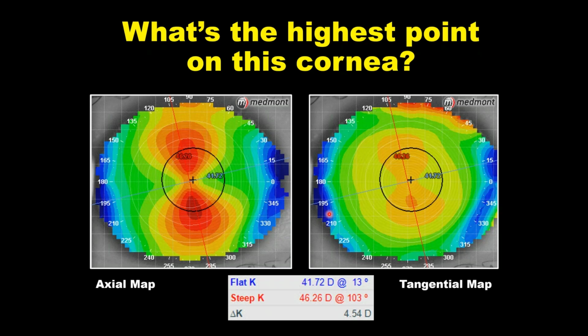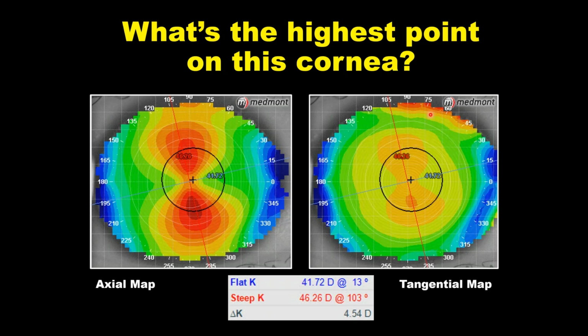The map that tells us the highest point is neither of these topographies. The red might indicate to you this is the most curved point in the topography. Well, that might be true, but it's not the highest point necessarily. It could be, but the axial map doesn't describe height, it describes vision.